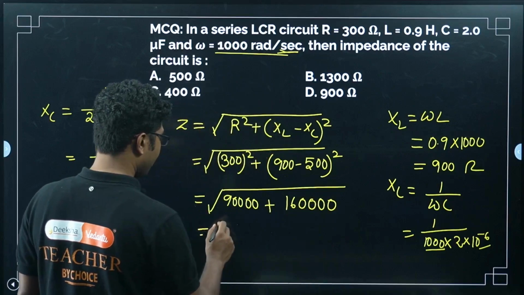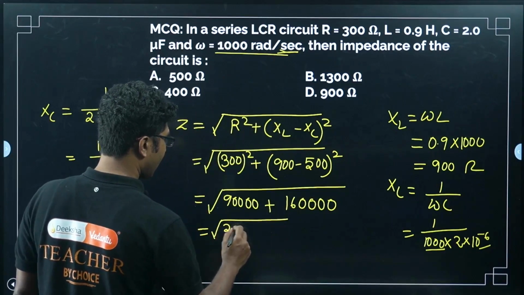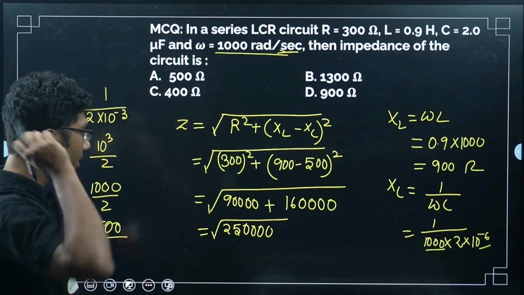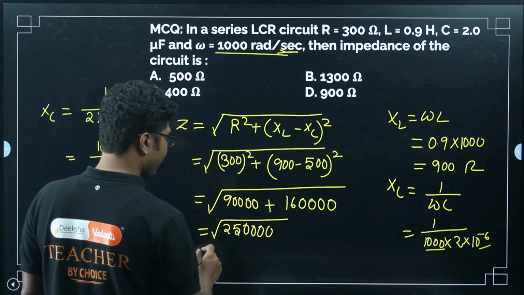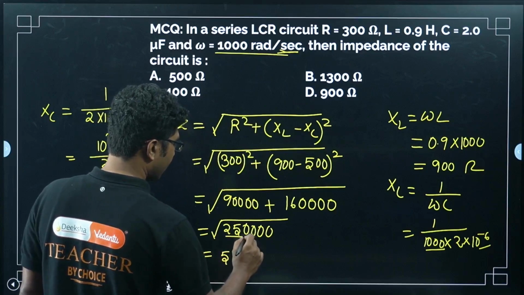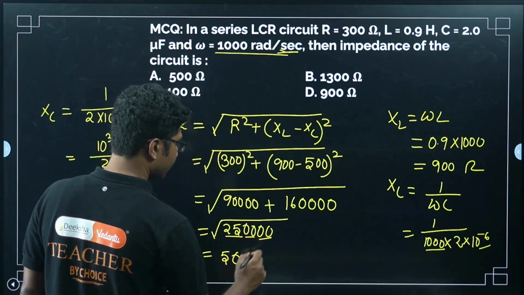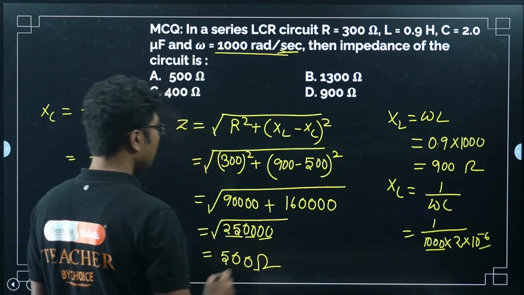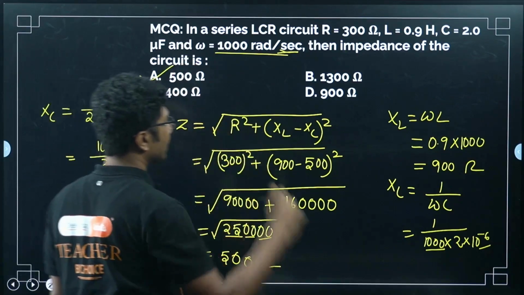So if you add them, you will get 25 1020 1020. Okay, so if you square root them, you will get 25 is 5, then for 2010 or 20 one other 0. So 500 ohm is the impedance of the circuit. Correct answer is option A.